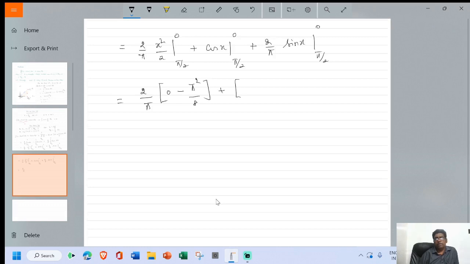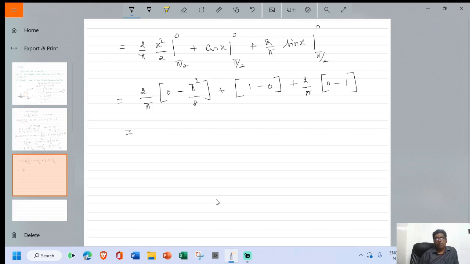Plus cos 0 which is 1, minus cos π/2 which is 0, plus 2/π into sin 0 which is 0 minus sin π/2 which is 1.